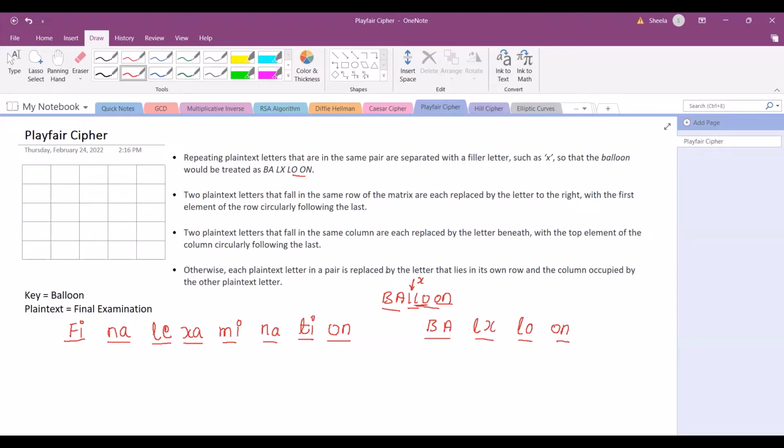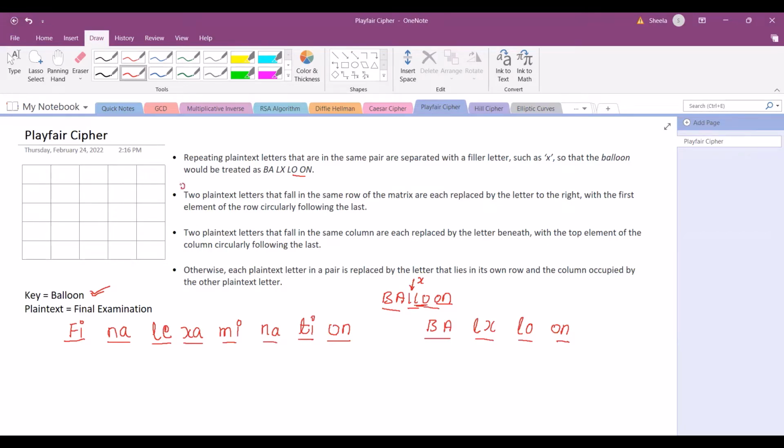That is the first rule. The next rules we have to consider concern the matrix created by the key. Here the key given is BALLOON. First we have to construct the key matrix of 5 cross 5, and then do encryption.